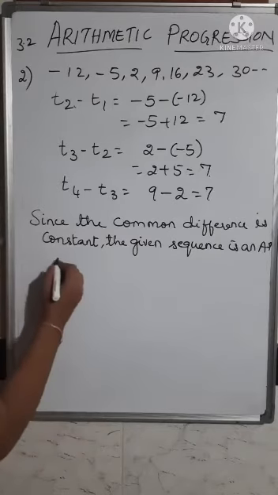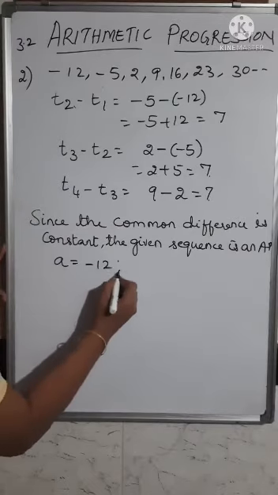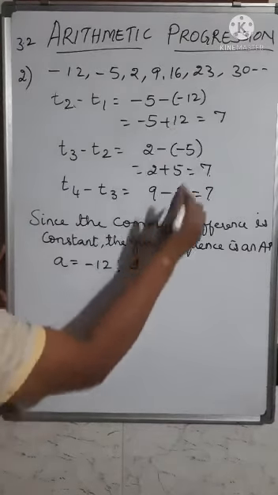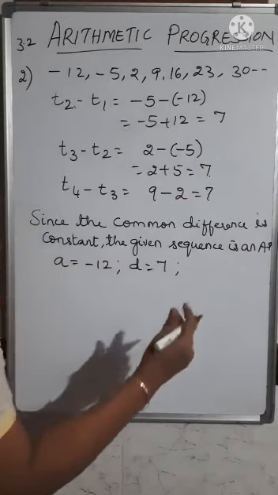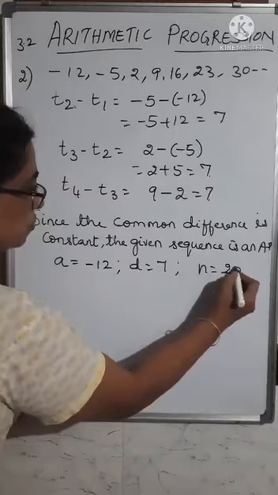You have to use the formula and find out the 20th term. So for that, we will first write down the value of A is equal to minus 12. D, you have already found, the common difference, 7. And since they have asked for the 20th term, the value of N will be equal to 20.